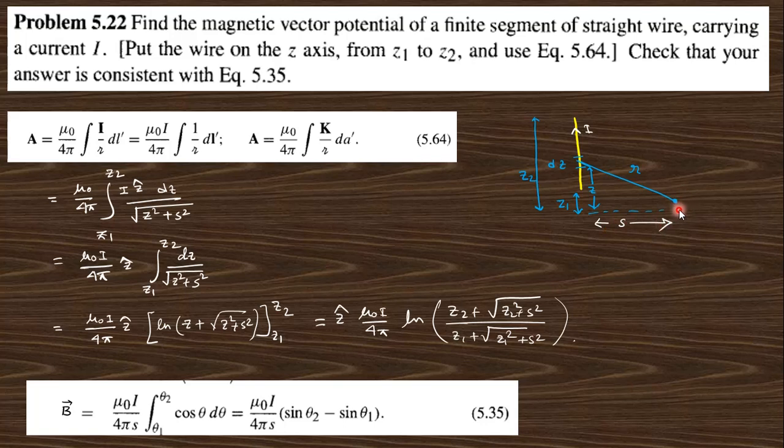Suppose we take this point as P. If this is z1 and this is z2, at a certain distance z we take dz. So this curly r will be root of z square plus s square. So mu 0 by 4 pi, I by curly r, which is root over z square plus s square, and this is dz.